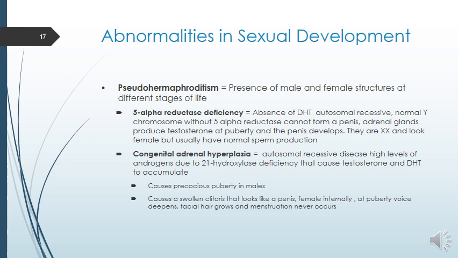A boy may enter puberty as early as 3 years of age, with well-developed musculature, small testes, and an enlarged penis. At birth, a girl may have a swollen clitoris that appears to be a small penis. The person is female internally, but as puberty begins, the voice deepens, facial hair grows, and she will never get her period.